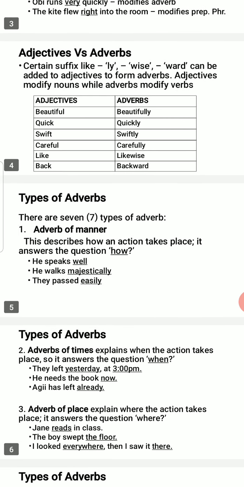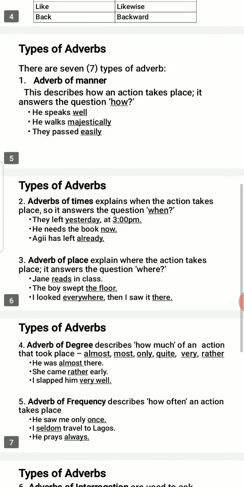And we talked about how we can form our own adverb, using some adjectives. We do this by adding ly, wise, or ward to adjectives in order to turn them to adverb.